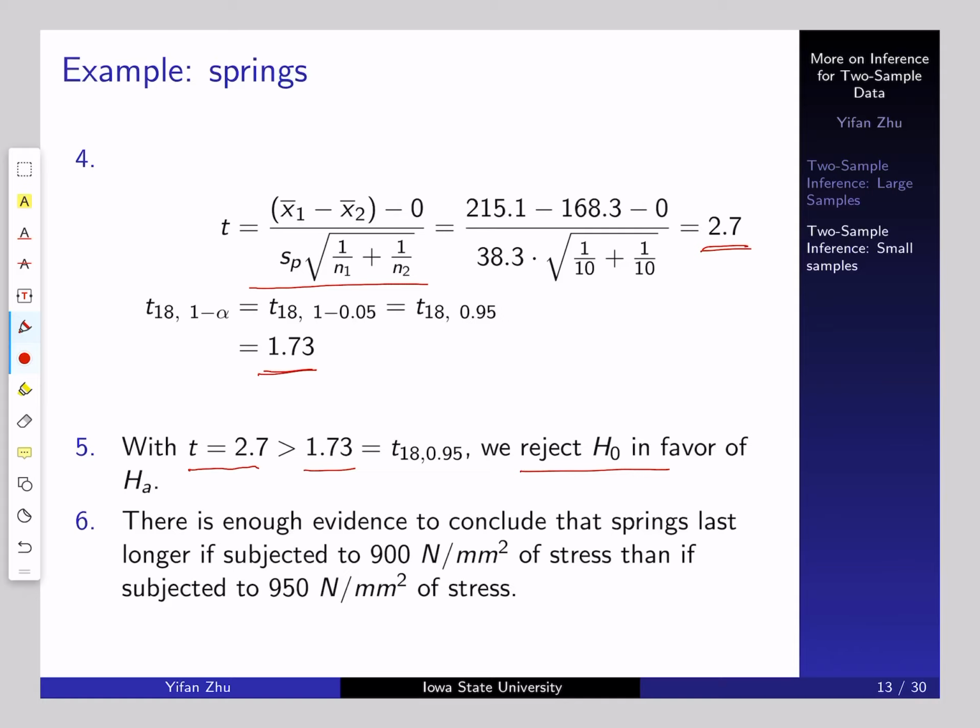So the last step would be the interpretation of the result in layman's terms. There is enough evidence that mu1 minus mu2 is greater than 0, so that means the springs last longer if subjected to the 900 stress than if subjected to 950 stress.